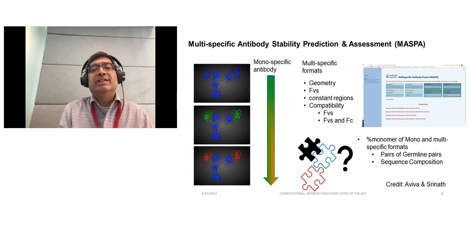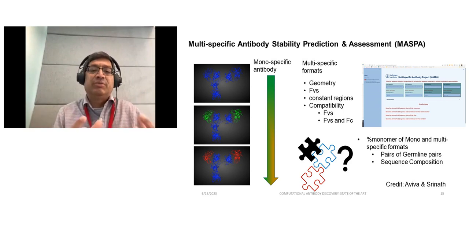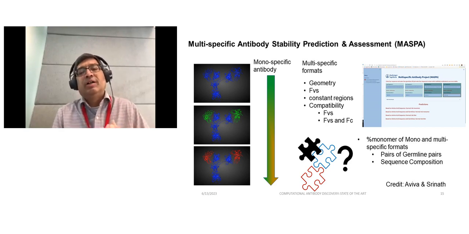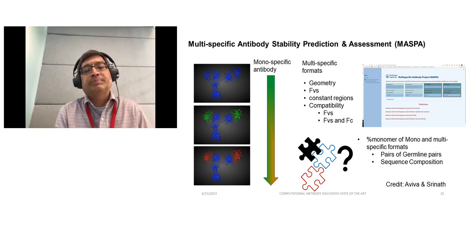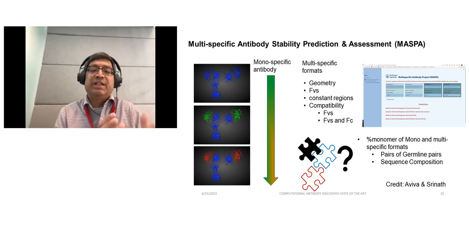And then the idea is, can we actually go from monospecific antibodies to multispecific antibody formats? And how do we combine antibodies of different specificities? It is a little bit easier for monospecific antibodies, where both the variable regions are identical or very similar in their 3D shapes and properties, while in multispecific formats they can vary a lot.